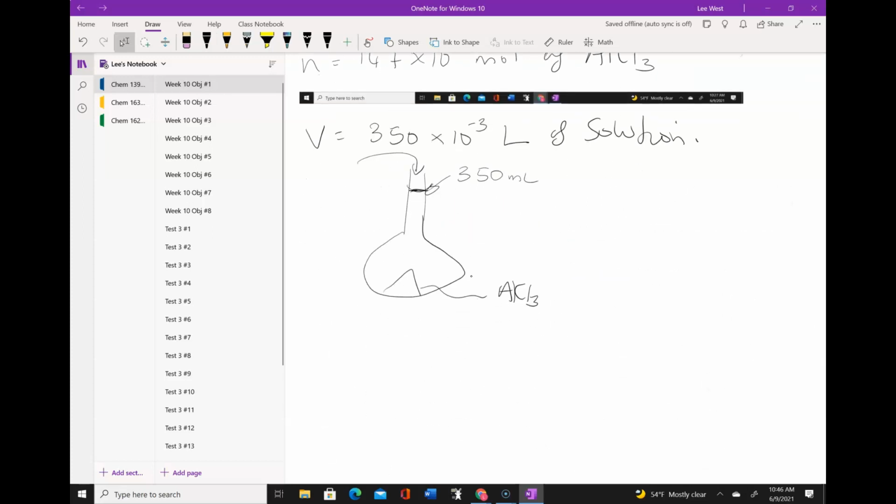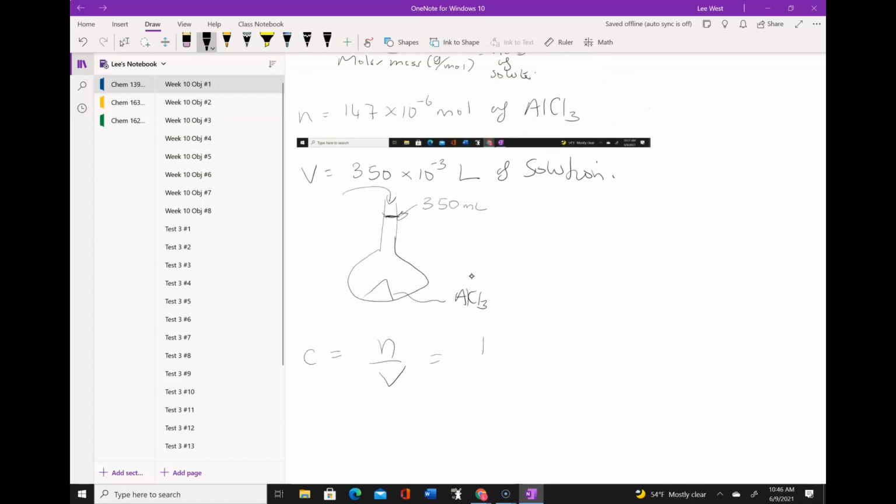So let's do this. The concentration, which we often just indicate with C, is the number of moles divided by the volume. So we've got 147 times 10 to the minus 6 mole divided by 350 times 10 to the minus 3 liters.